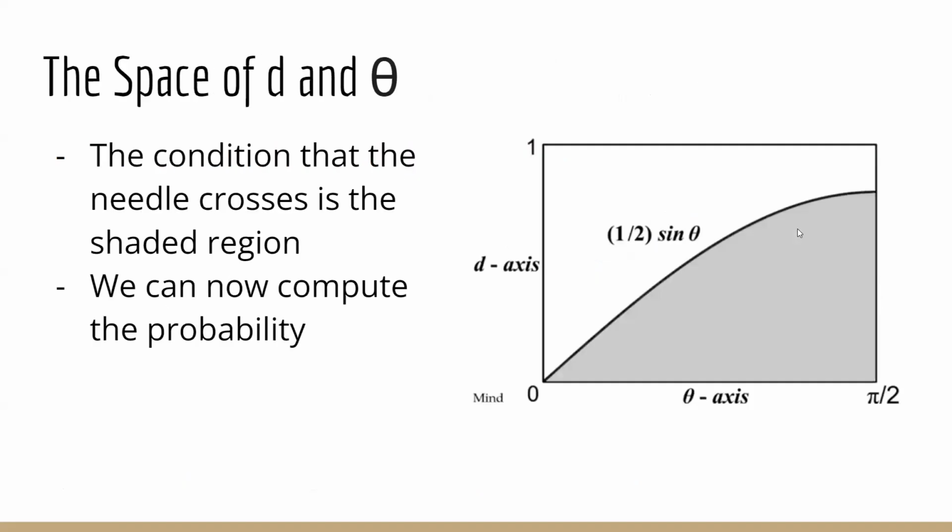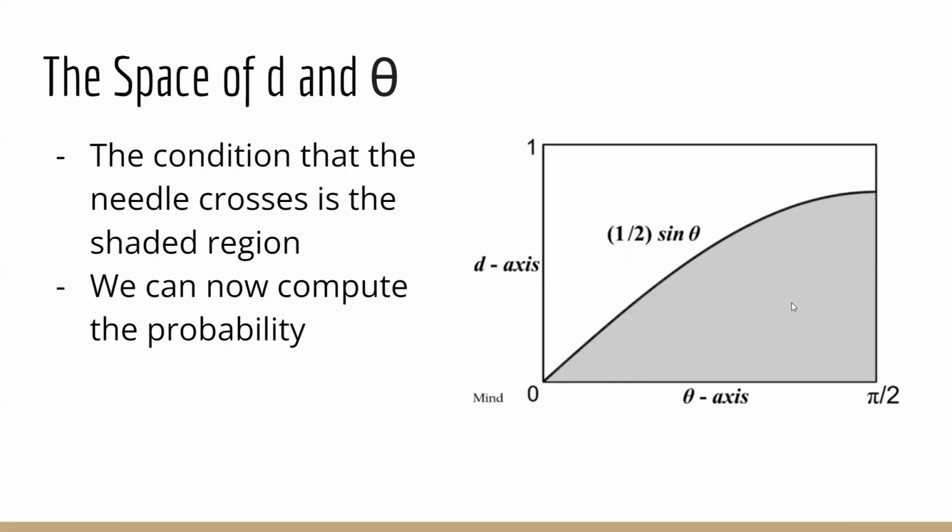So to interpret this better, we're going to look at the space of d and theta. We drew a graph, or I guess a figure, but technically it is a graph because this is our line, 1/2 sine theta. This is what that line looks like. Now, the condition that the needle crosses is going to be this shaded region down here.